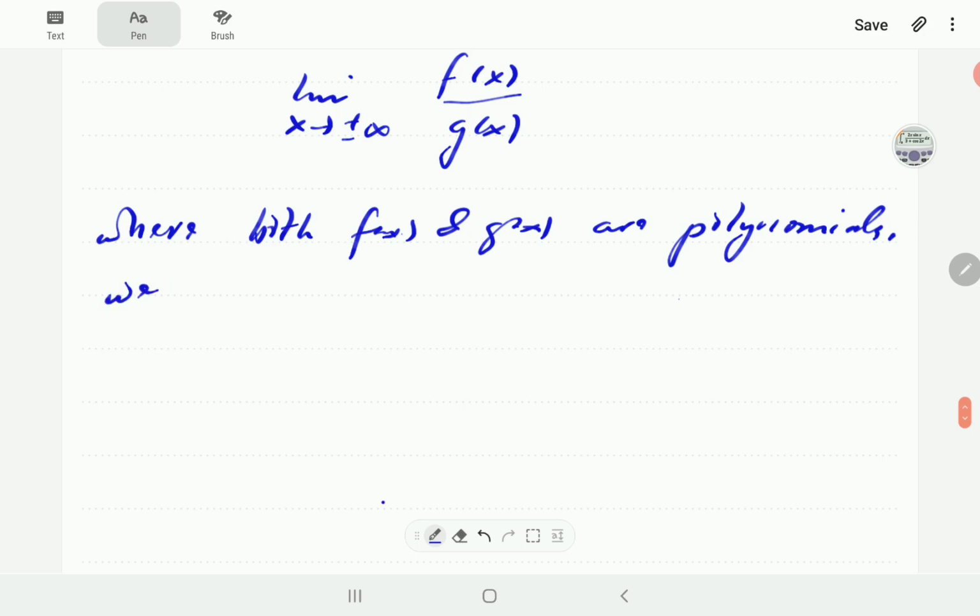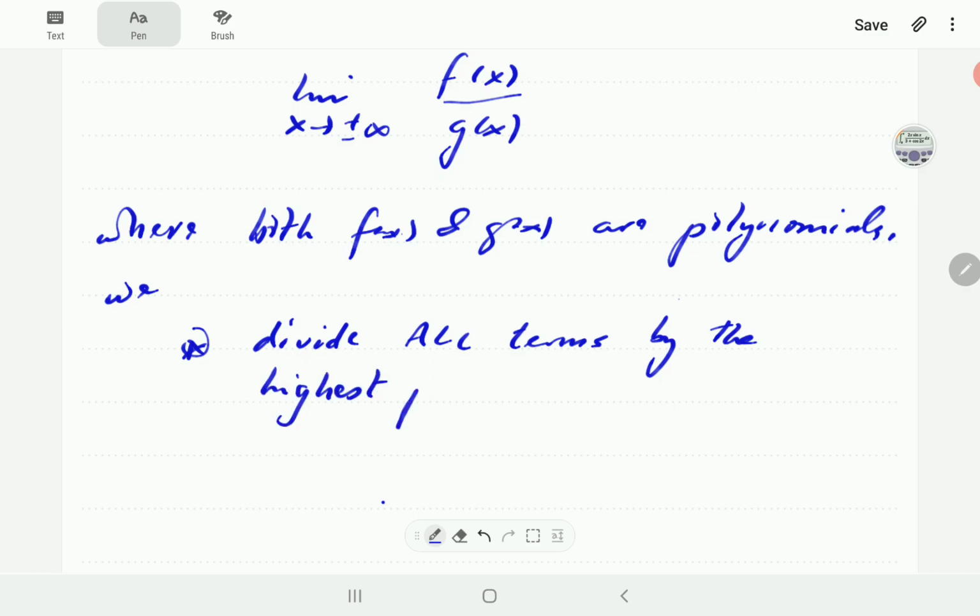The one way is that we are going to divide all terms by the highest power of x in the denominator.